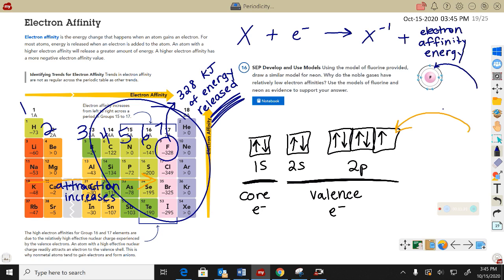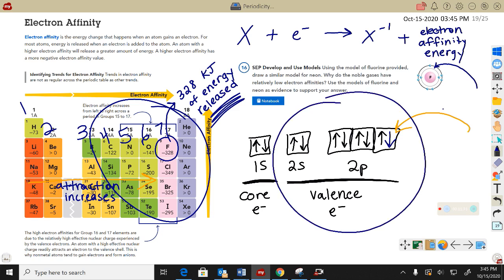Why would neon want to gain electrons? Neon would already have 8 valence electrons. Why would it want to gain one more? Where's it going to put it? It would have to put that electron in the 3rd energy level. And why would we want to start another energy level?